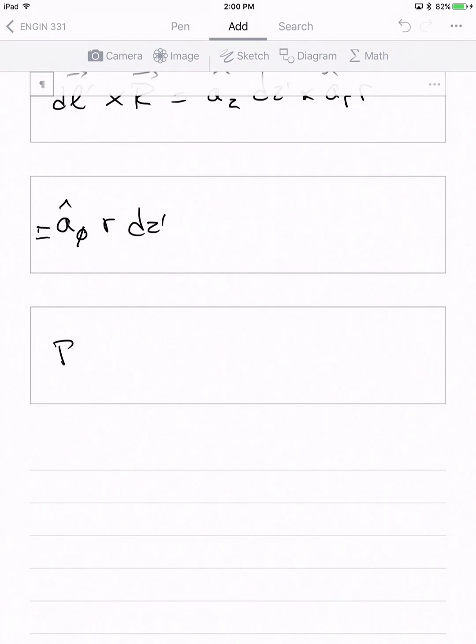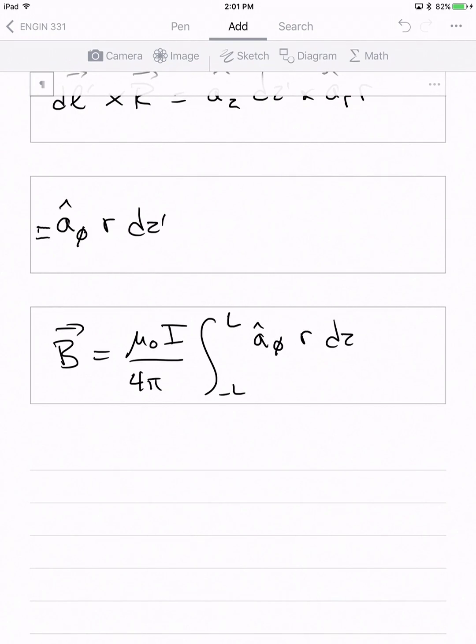Then our integral looks like mu naught I over 4 pi integral from minus L to L of a hat phi r dz prime over z prime squared plus r squared, that's the magnitude of big R, to the 3 halves.